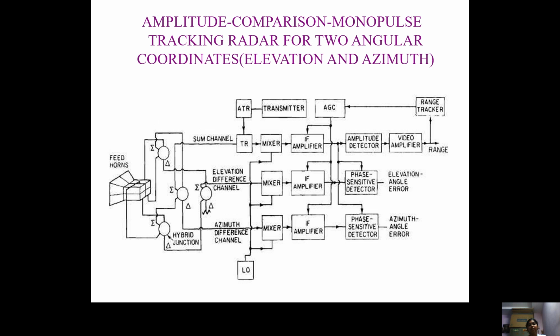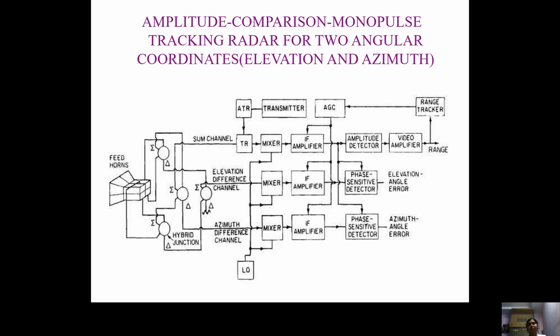Till now we discussed the angular error in a single coordinate, and we have shown two coordinates also. So how it is done in two coordinates, let us discuss.